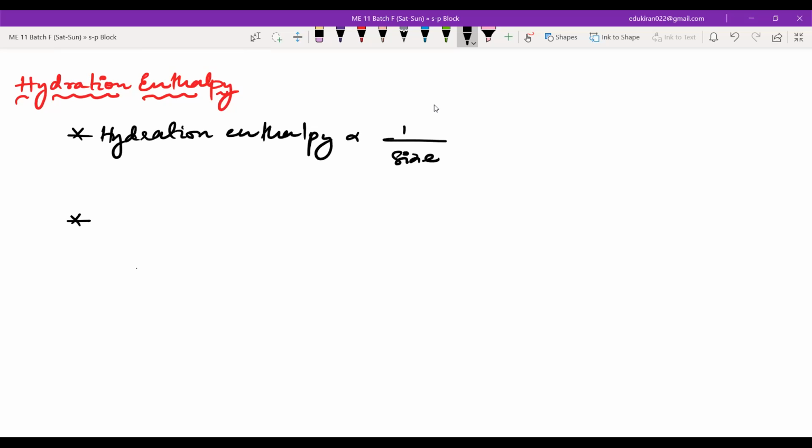And the order will be that lithium positive will have the highest hydration enthalpy, followed by sodium positive, followed by potassium, rubidium, and cesium positive. Any problem till here? Okay.